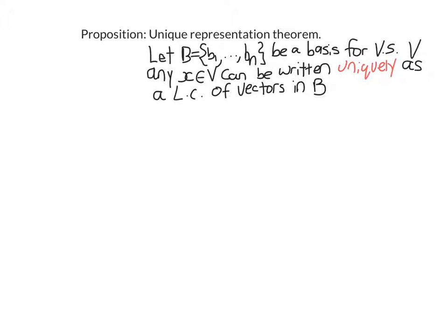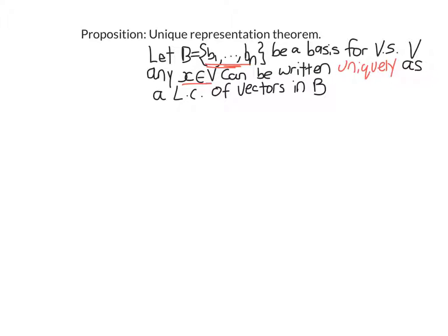But because of the definition of a basis, any vector in the vector space can be written as a linear combination of basis vectors. Otherwise, that set wouldn't be a basis. So we know that any X can be written as the linear combination of basis vectors, even though the basis vectors can change.